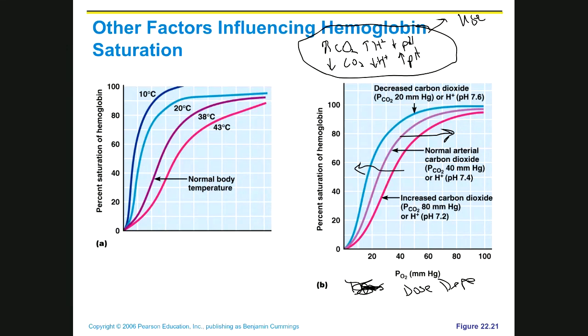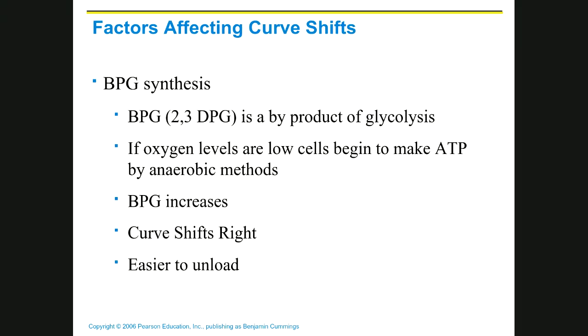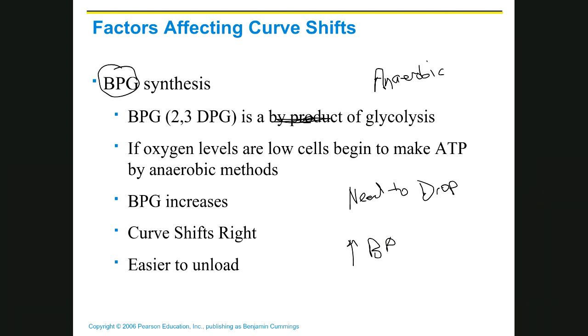And then we have one other thing that we talked about that causes curve shifting. And remember, that's BPG. BPG is a byproduct of anaerobic glycolysis. We only do anaerobic glycolysis when we don't have enough oxygen. And if we don't have enough oxygen, we need to drop off more. So as BPG goes up, it's going to make the curve shift to the right, so we can drop off more oxygen.